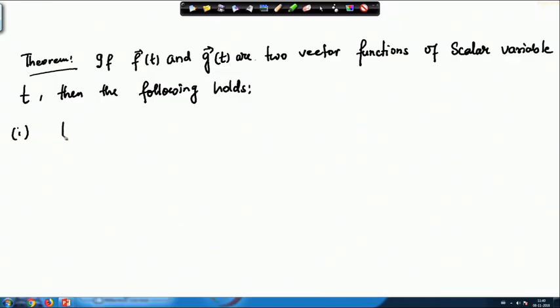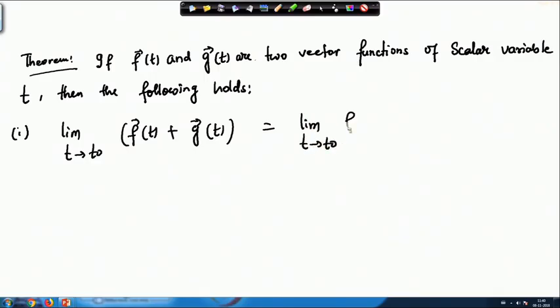So, what are the following? First one is limit t goes to t0 of f(t) plus g(t) is equal to limit t goes to t0 of f(t) plus limit t goes to t0 of g(t). So, the limit of the sum is equal to the sum of the limits.